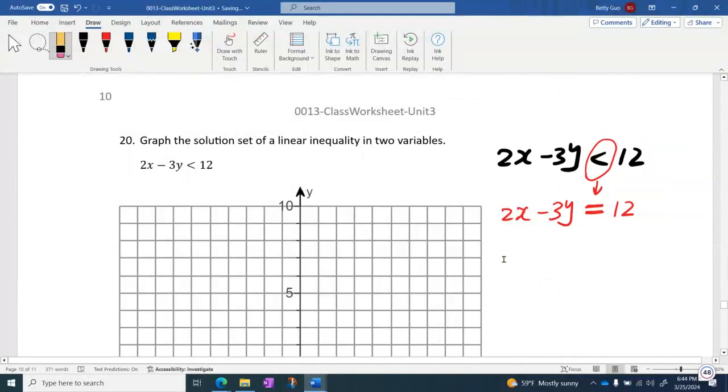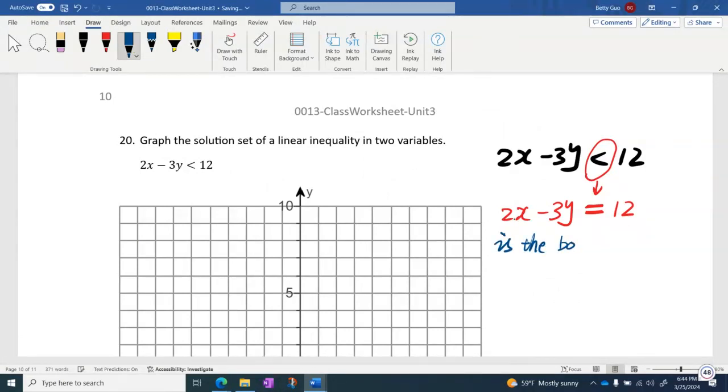And in fact, this red straight line is the boundary line of the solution set of 2x minus 3y less than 12.